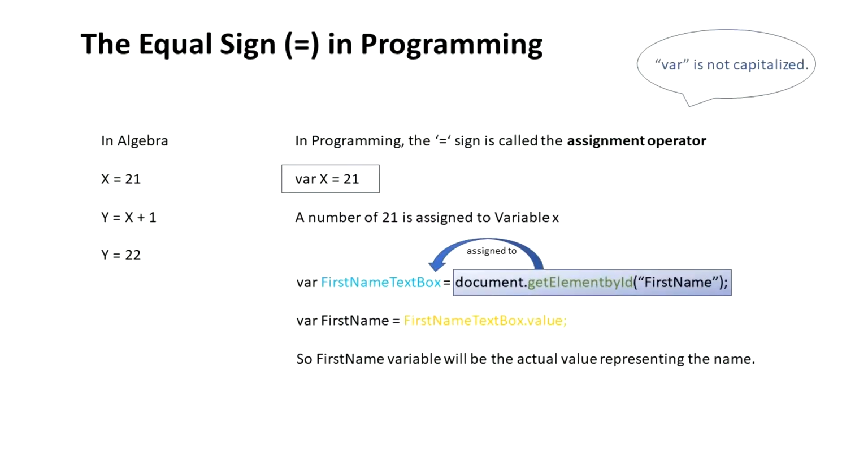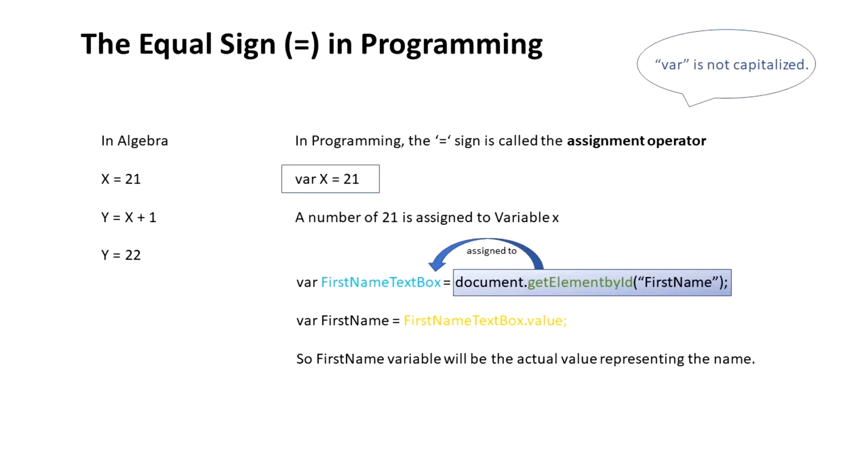About the equal sign we use here. In the programming world, the equal sign has a meaning of assigned to. It's similar to our algebra math, where instead of saying some variable x equals 21, we say x is being assigned with a value of 21.